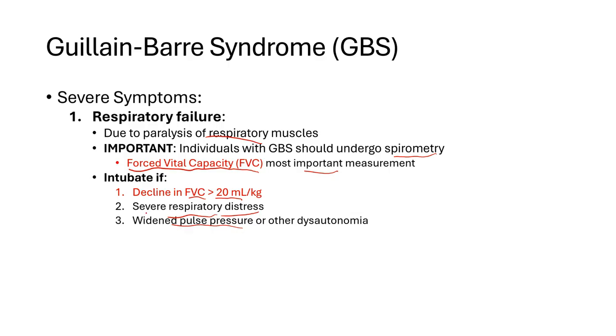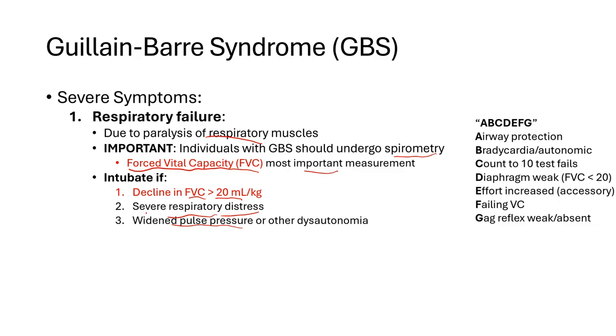Now, there is a mnemonic to help you remember the indications for Guillain-Barré syndrome intubation: A, B, C, D, E, F, G. I won't go through all of them, but understand that each of these, such as gag reflex, failing vital capacity, count to 10 test fail, airway protection, all of these are screaming the exact same thing. They're all signs of respiratory distress.